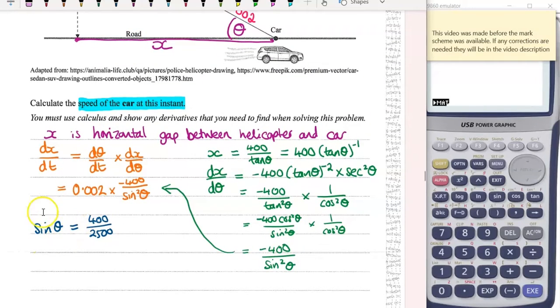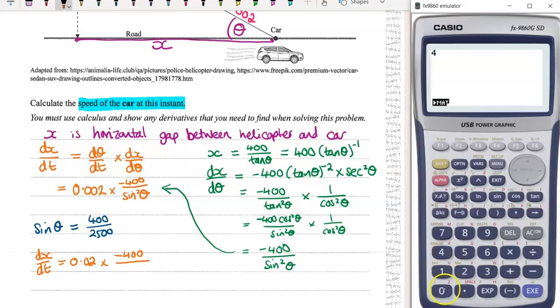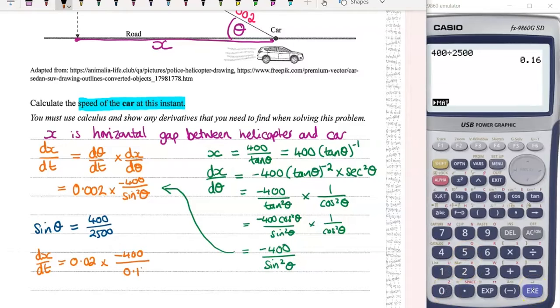That's what I've got just down there in the blue. Now I can take that sine theta and put it in for sine squared theta. So dx/dt will be 0.02 times minus 400 over sine squared of, where sine theta is equal to 400 divided by 2,500. So that's 0.16. Let me just pop that in there.